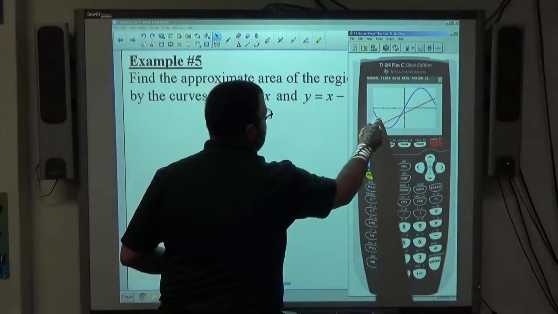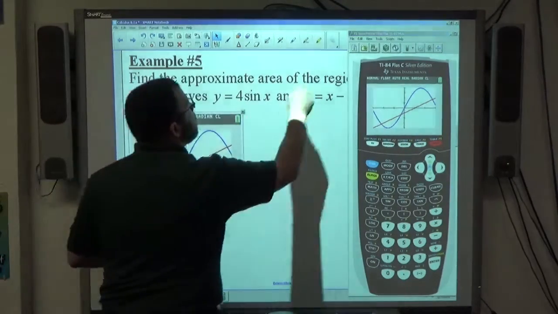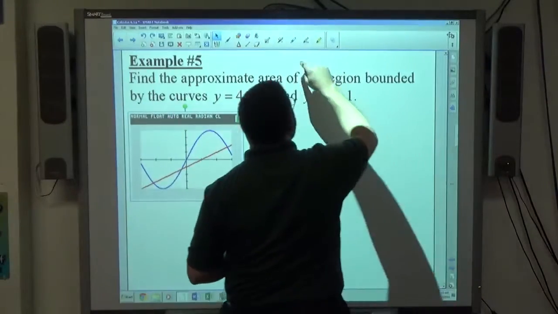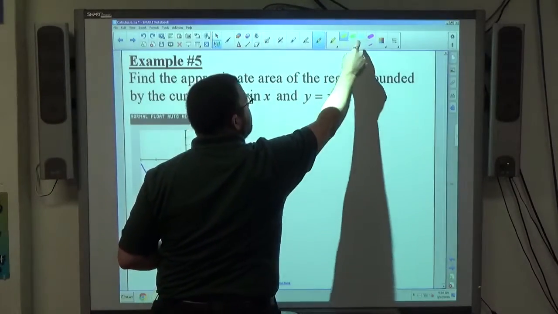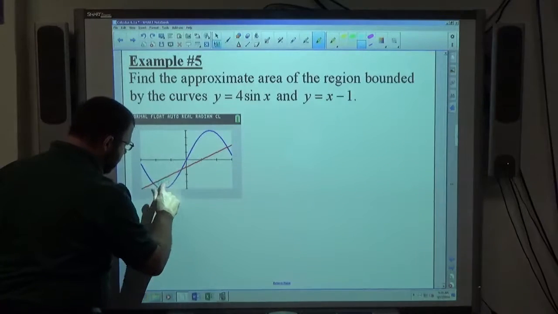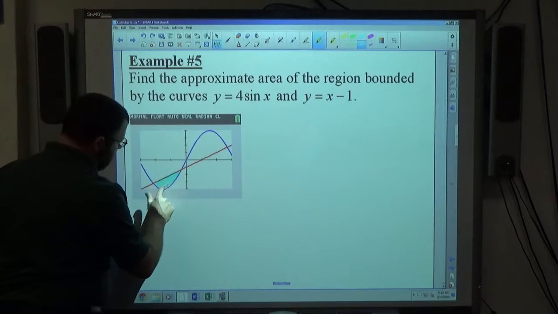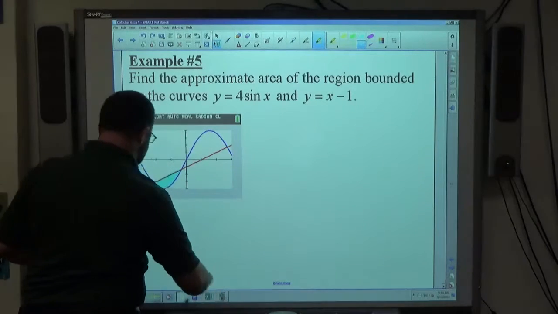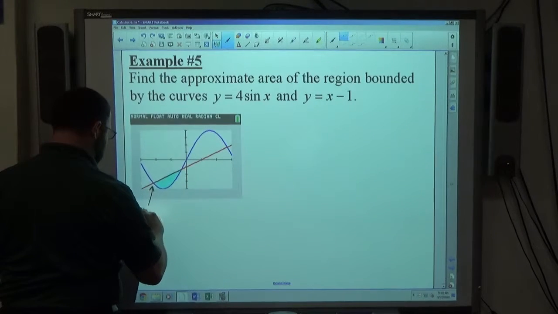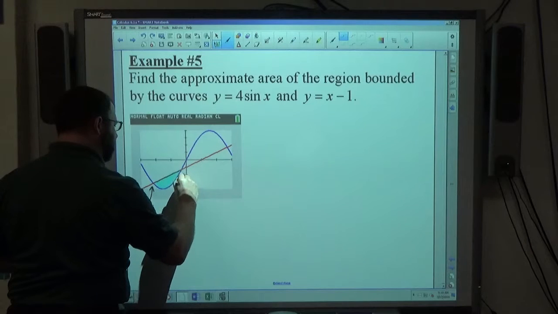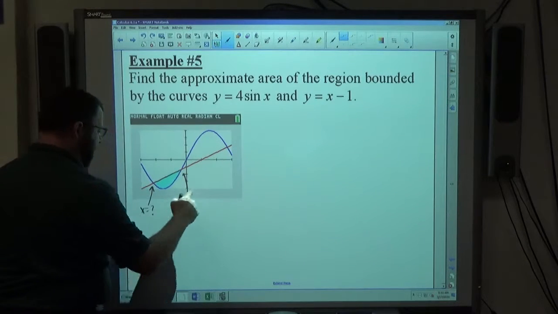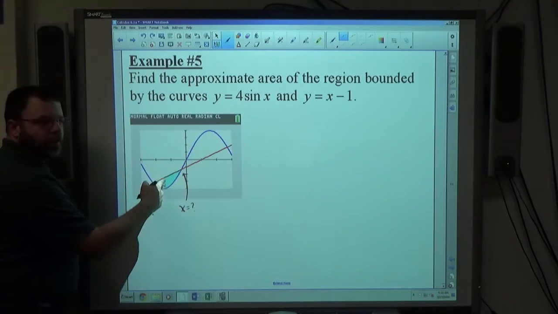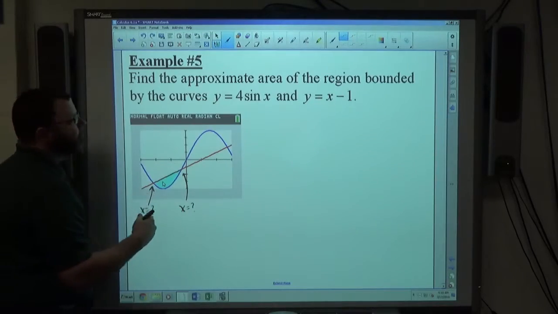And what I want to bring to your attention is that for this region here, the line is on top, so x equals some number here, and x equals some number there. For that interval, the line minus the curve is going to be the area formula.